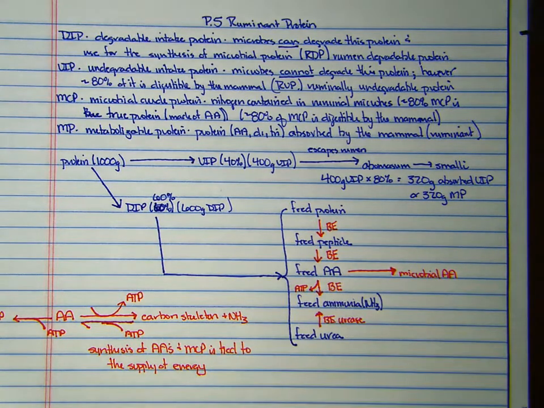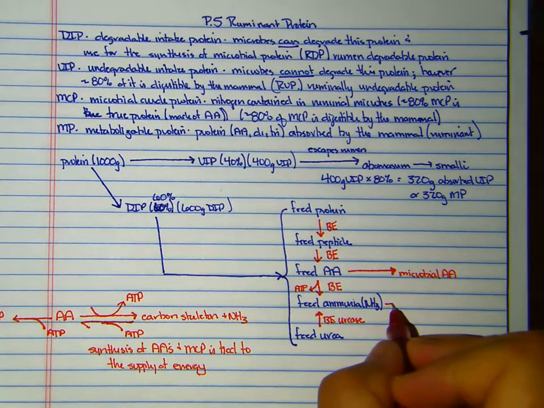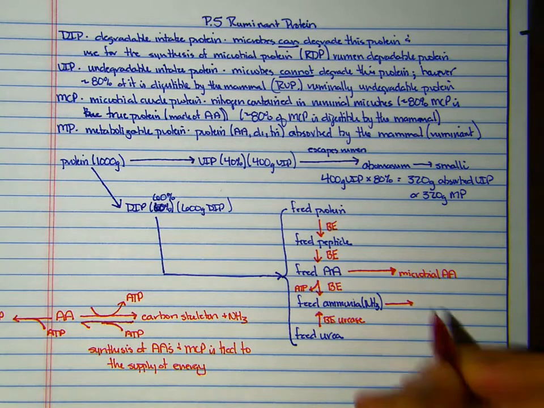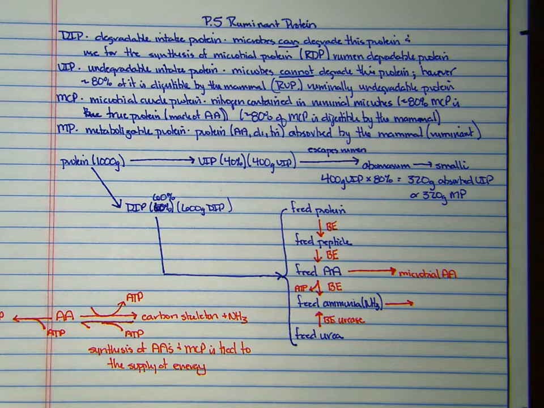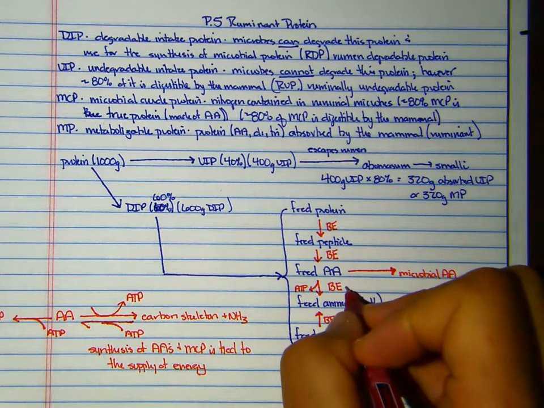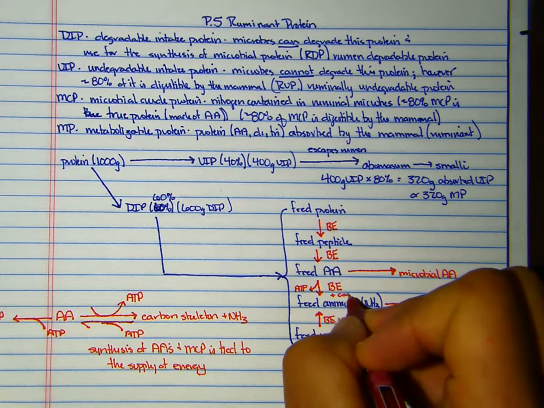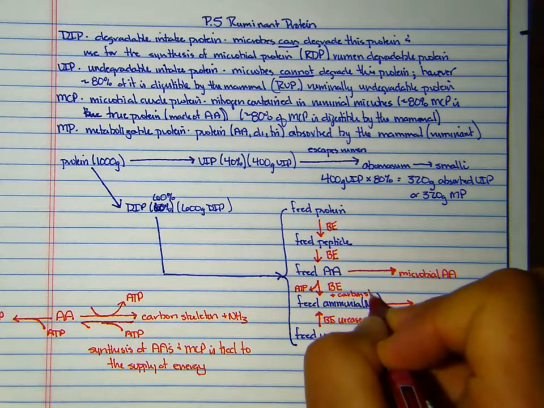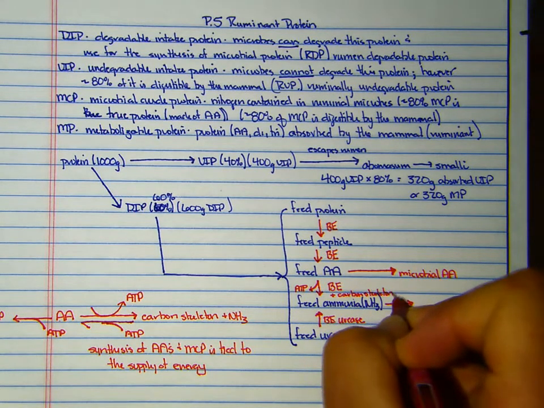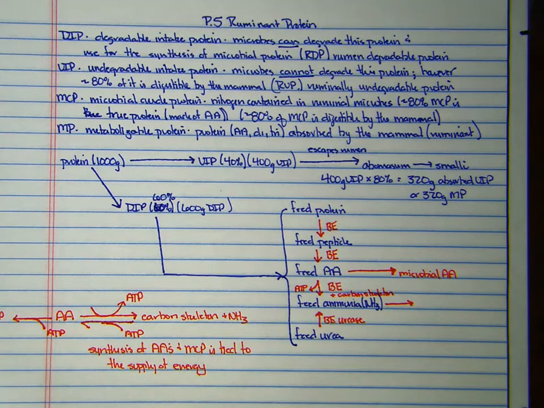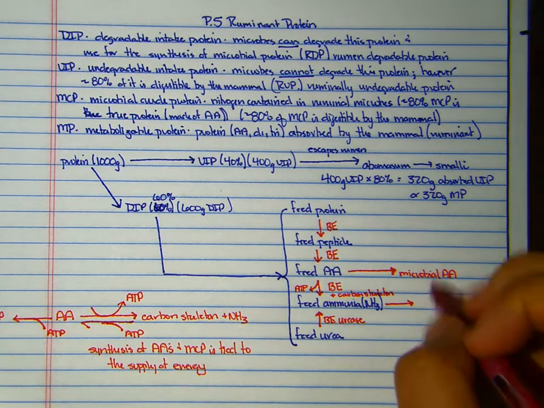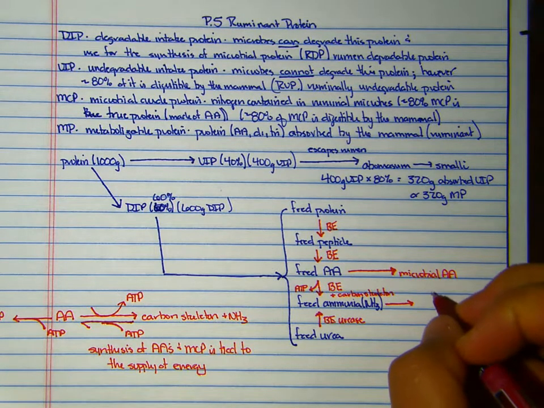The microbes are going to get some ATP from that. We're also going to produce ammonia, and we're going to produce, so I'll put a plus right here, really small, a carbon skeleton.